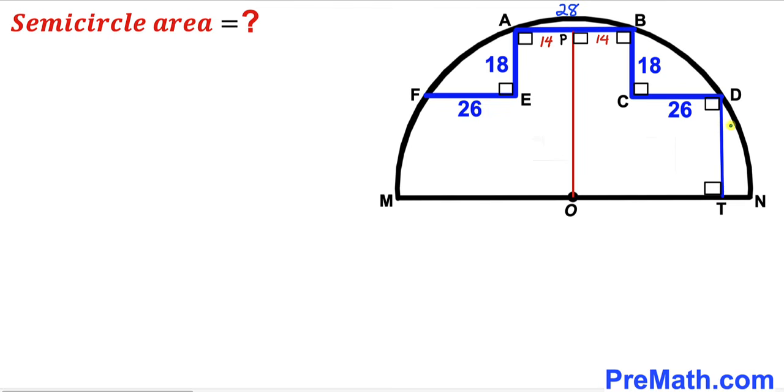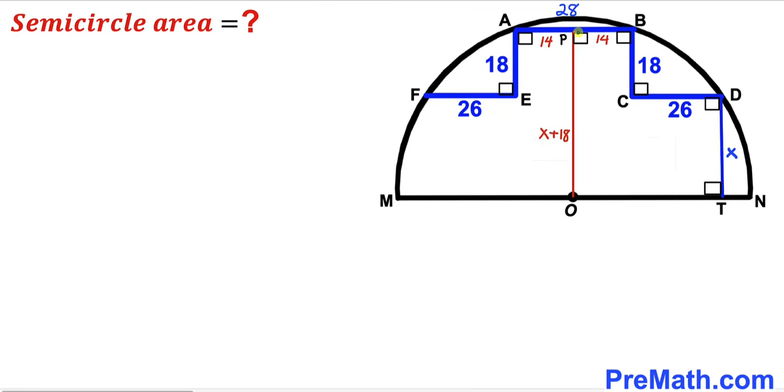Now in this next step, I have dropped this perpendicular DT on this diameter MN, and I'm going to label this DT length as lowercase x. Let's make an observation. We can see that this OP length is going to be the sum of these two segments, x and 18.